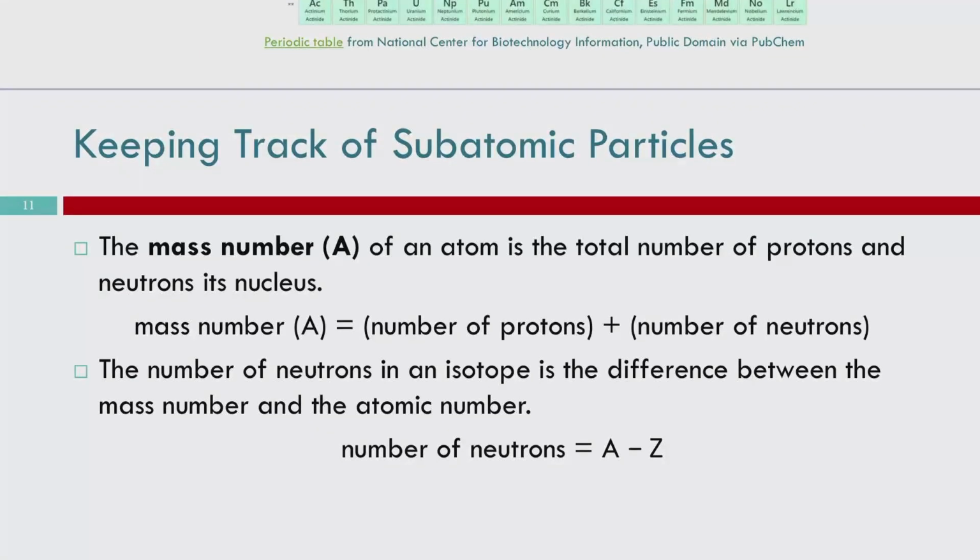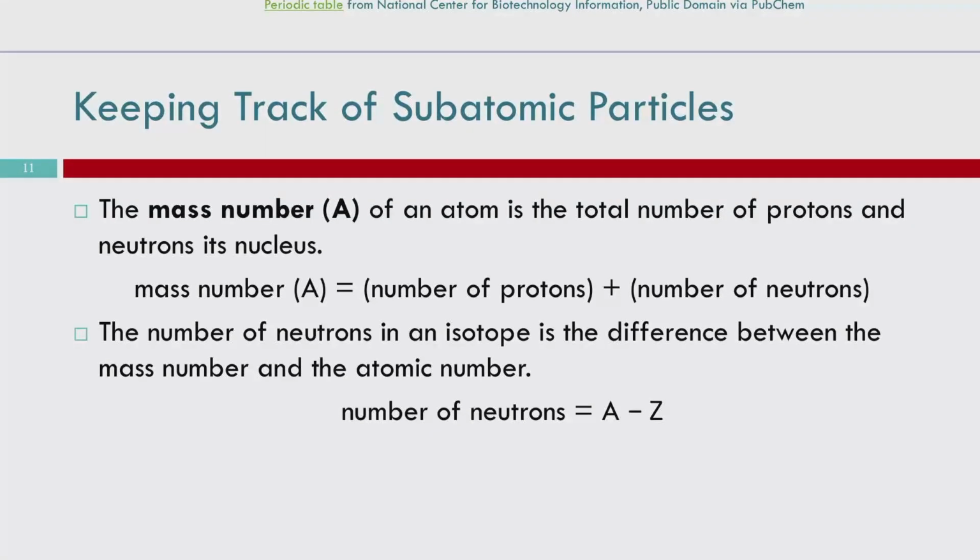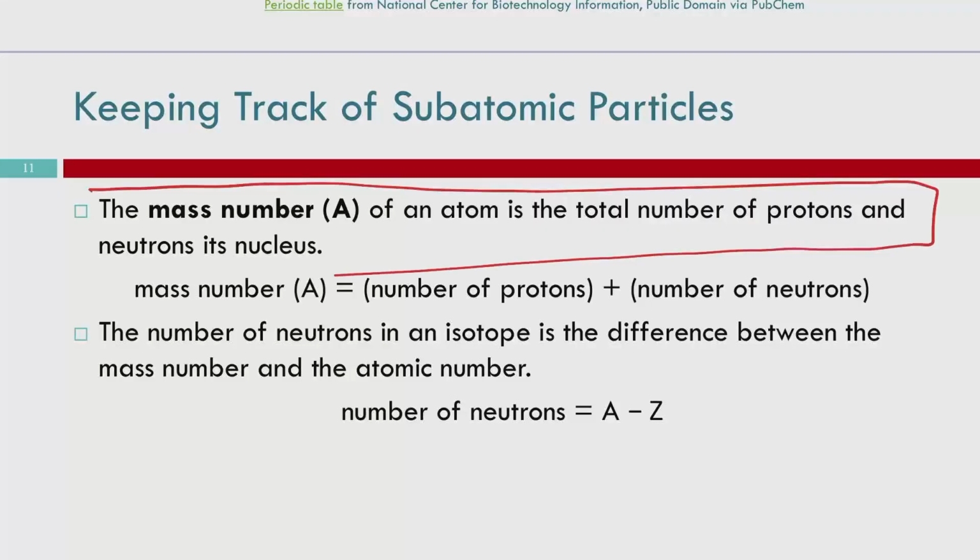We also have another number, the mass number. The mass number is the number of protons plus the number of neutrons. So this is the number of particles that are in our nucleus, that tightly packed, dense little core that makes up the heart of our atoms.